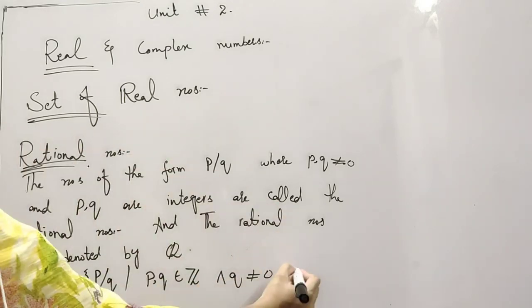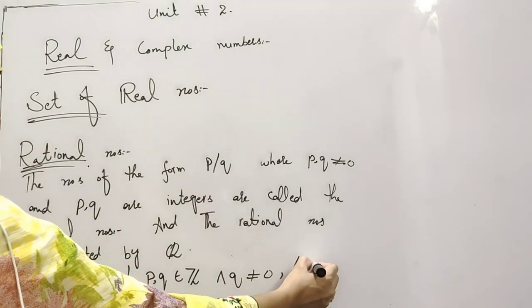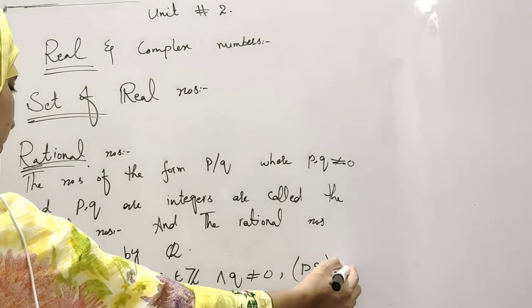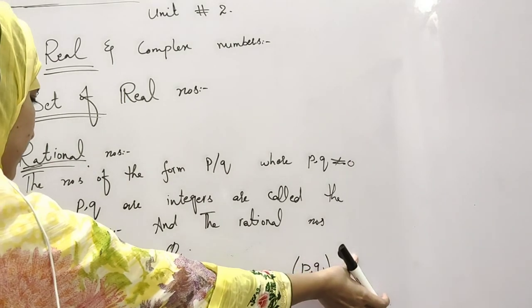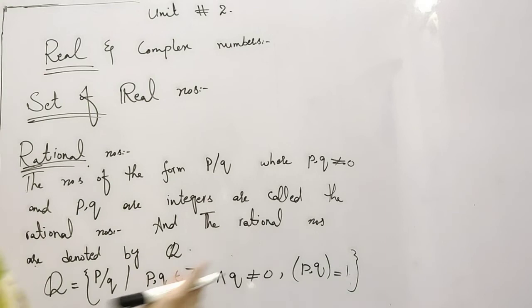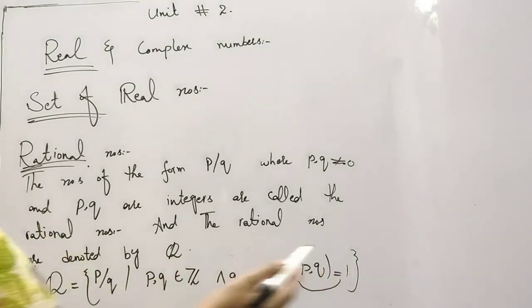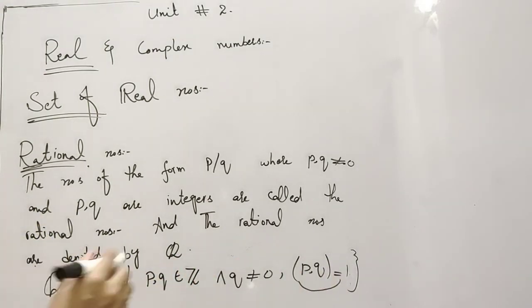And the last thing is that the GCD of p and q equals 1. What does it mean? It means that p and q should be relatively prime.